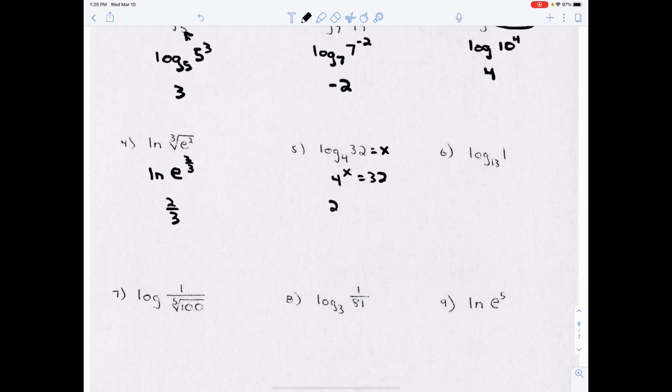So we have 2 to the 2x equals 2 to the 5th. And you can kind of just look at this and go, okay, so x is 5/2. But if you want to write 2x equals 5, that's fine. And then the answer is 5/2. Okay? We want to write 1 with a base of 13. And that'd be 13 to the 0 power, so the answer is 0.